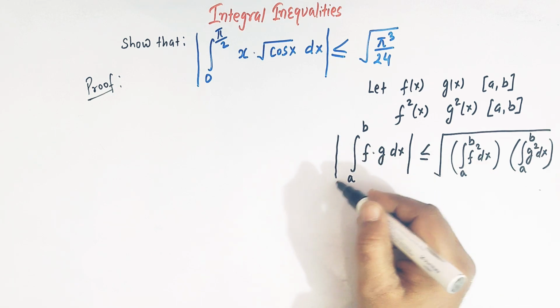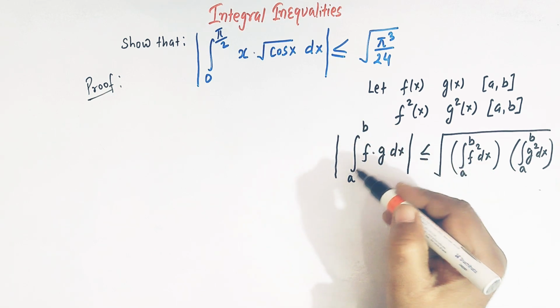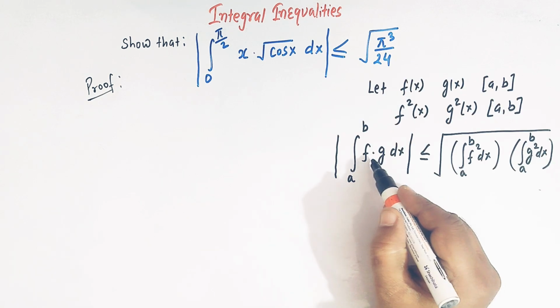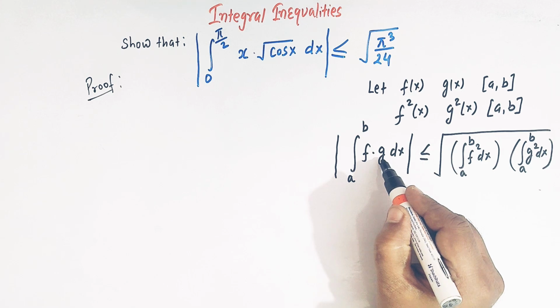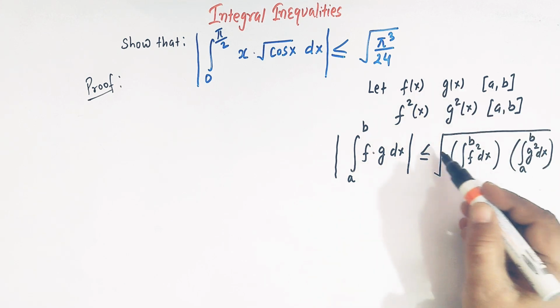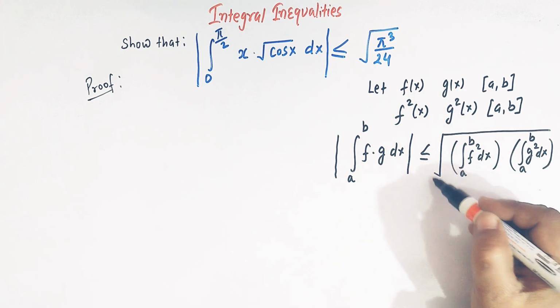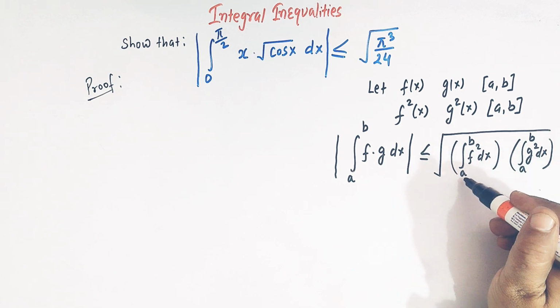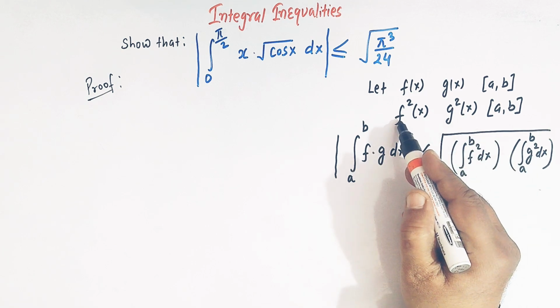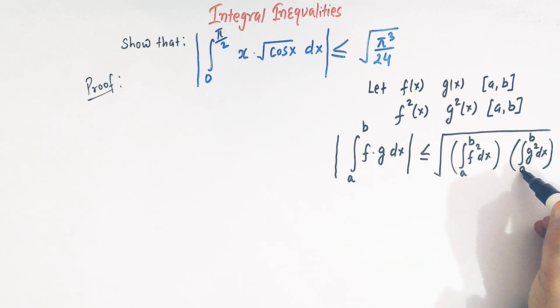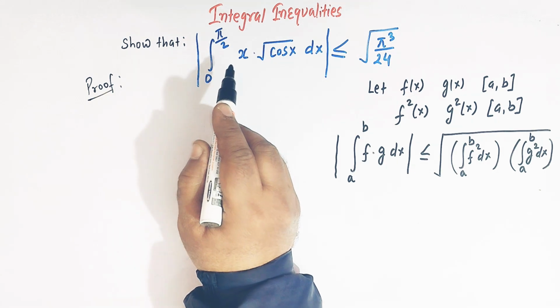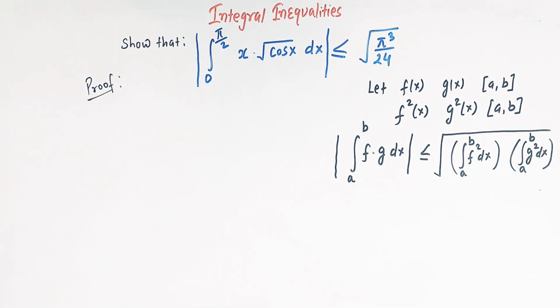So here we have the absolute value of the integral of the product of f and g, less than or equal to the square root of the product of these two integrals. We'll apply this result to prove this integral inequality.